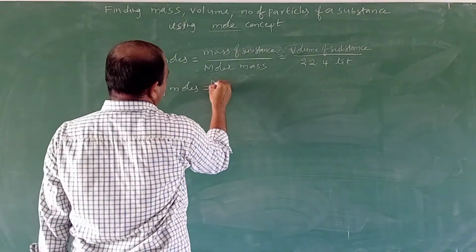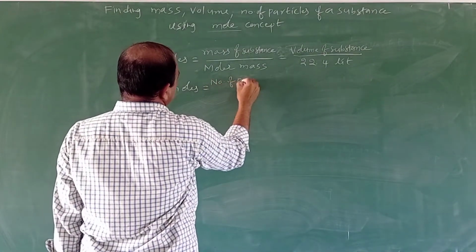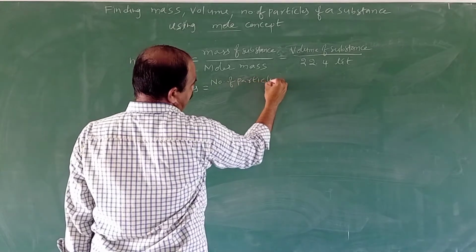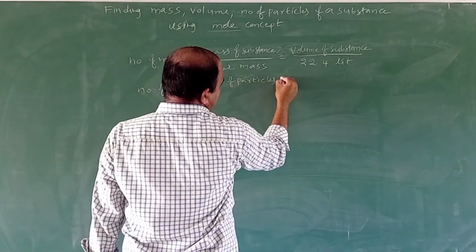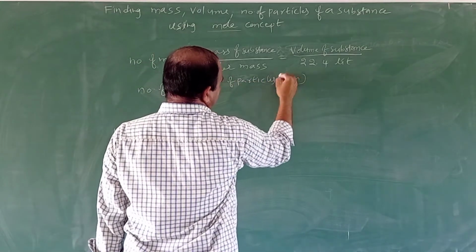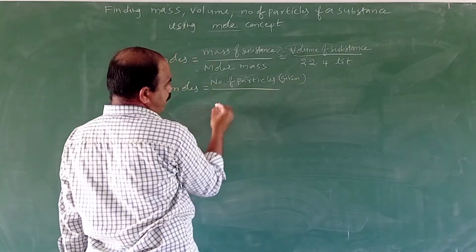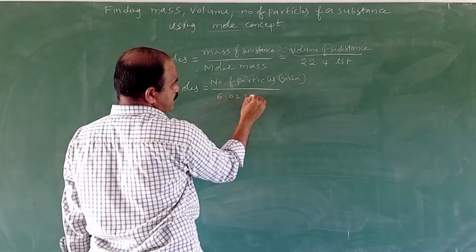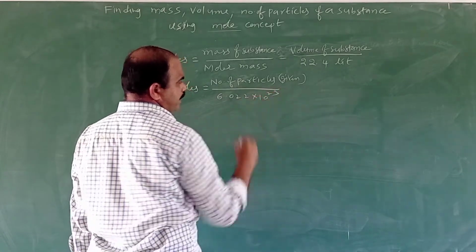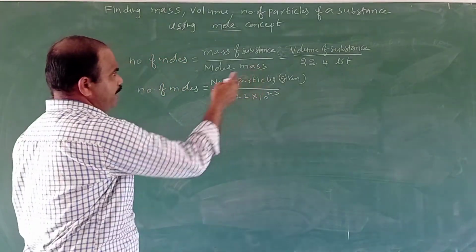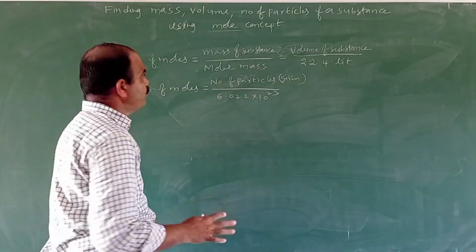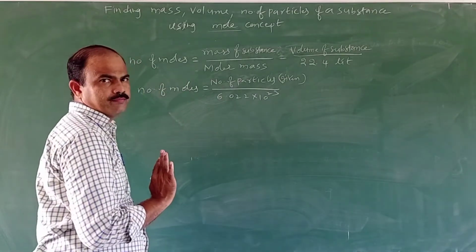The number of moles is equal to the number of particles of the substance, which must be given, divided by the Avogadro number of particles, that is 6.022 into 10 power 23. So these are the different formulas to find the number of moles.